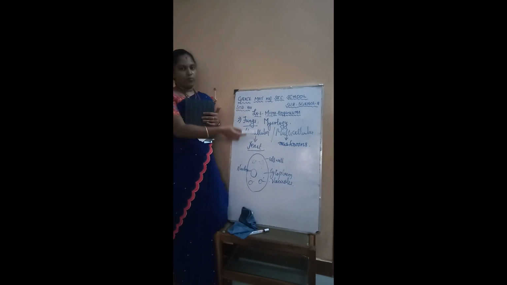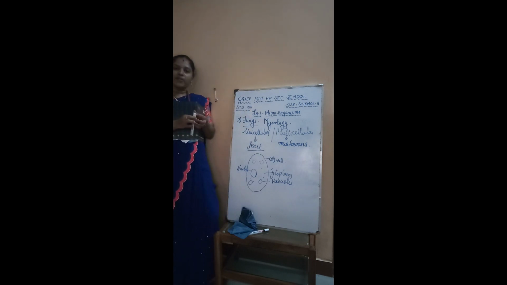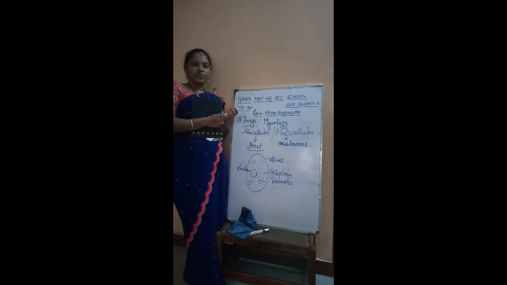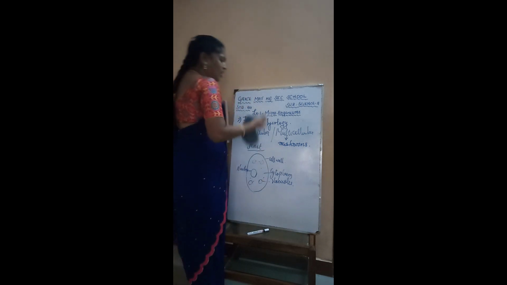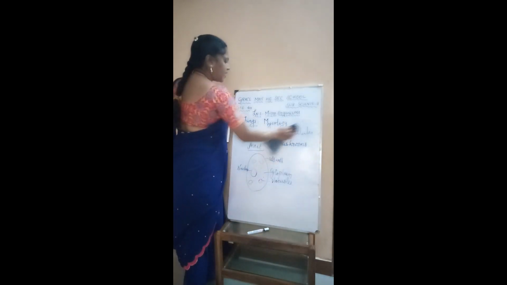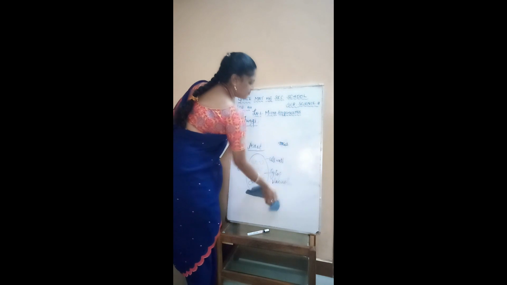Now next we are going to move on to the multicellular fungi. What is a good example for this multicellular fungi? Mushrooms. Have you all eaten this mushroom? Yes, it is a highly protein rich food.